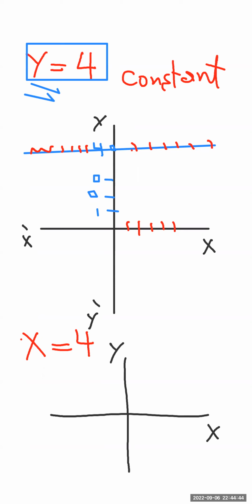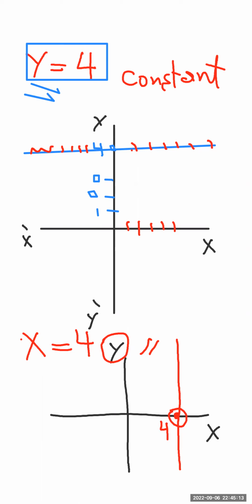Now x equal 4 means the value of x is always 4. So this means it will be a vertical line parallel to the y-axis and passing through this point, correct? Correct, guys?